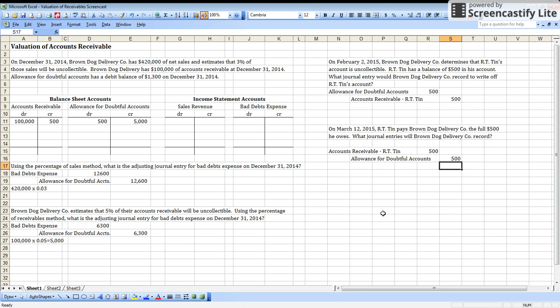The reason we do that is, first, we have to put that $500 back in accounts receivable to give RT Tin an accounts receivable again with our company. Then we also credit allowance for doubtful accounts because we're putting that $500 back into our estimate. We thought that we didn't need to have that in there anymore, that it was uncollectible, but now it's become collectible, so we need to put it back in there.